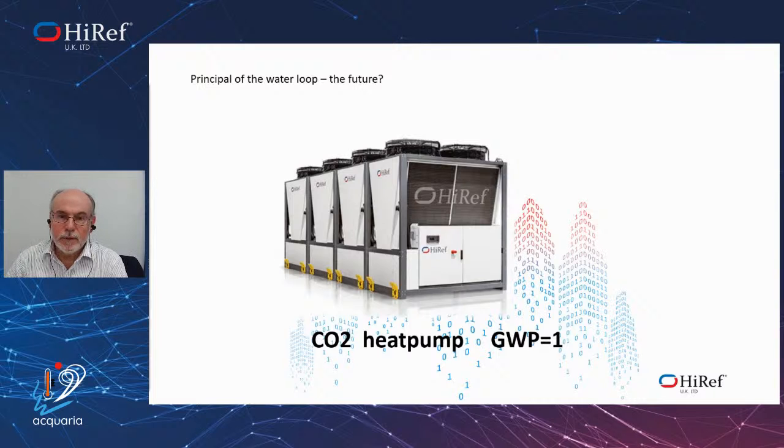Now, CO2 heat pumps, we've developed a range of CO2 heat pumps. They have pluses and minuses. At the moment, it's considering how we get the temperature differentials to operate within water loop areas. This is something we're working on with the project at the moment, and it's interesting.